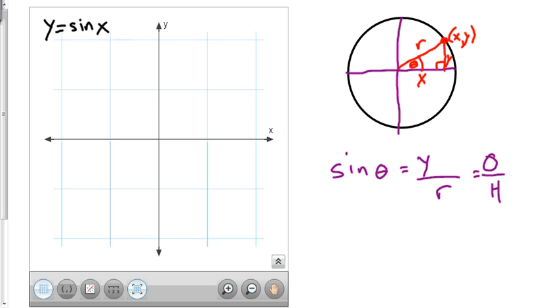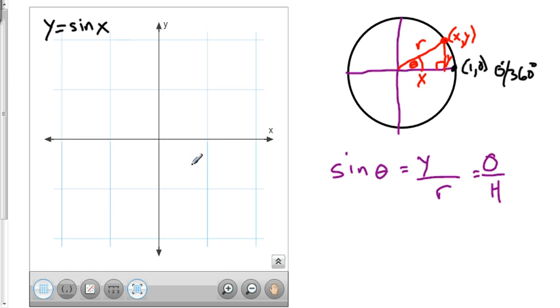As we look at some of these values, if we're using a unit circle with a radius of 1, then at 0 degrees, which is also 360, the point is going to be (1, 0). So the x value is 1, but for sine, our important value is y. So y is 0, the radius is 1, and the sine of 0 degrees is 0.